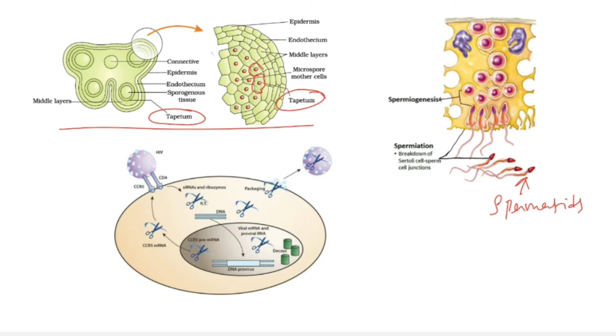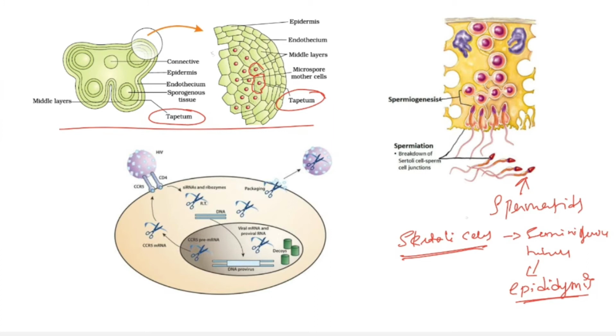The pathway is the Sertoli cells to the seminiferous tubules, and it will move into the epididymis. So this pathway of movement and maturation of the sperms is known as spermiation, the process of spermiation.